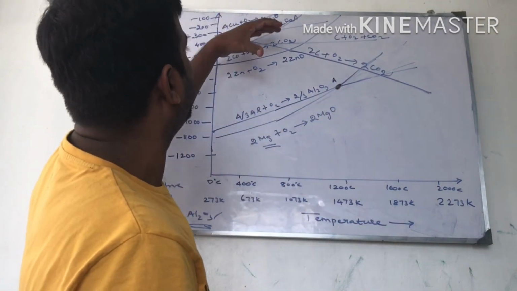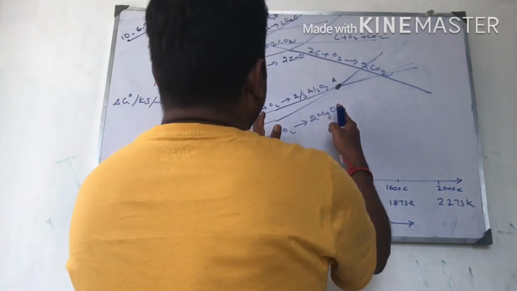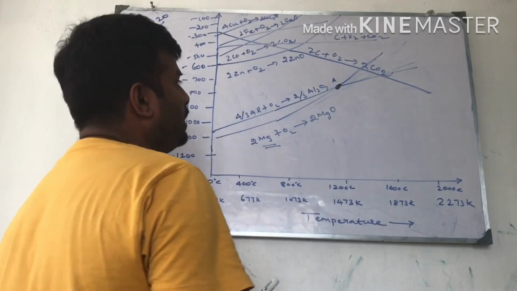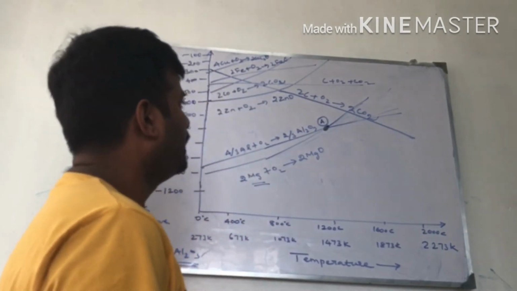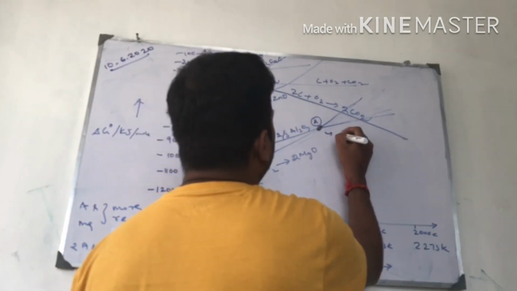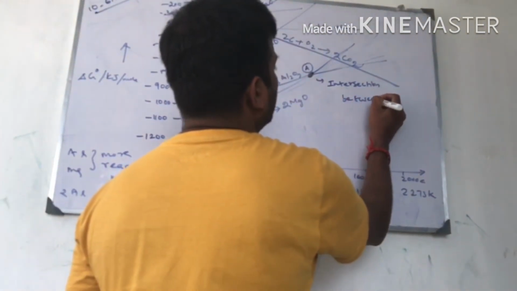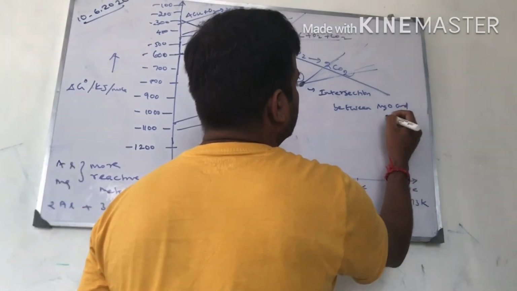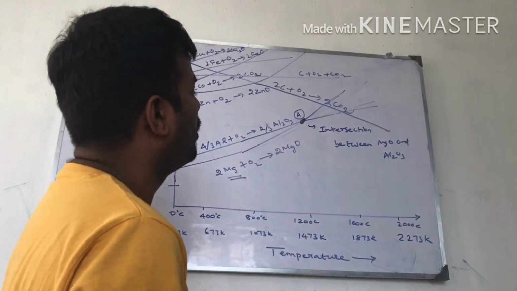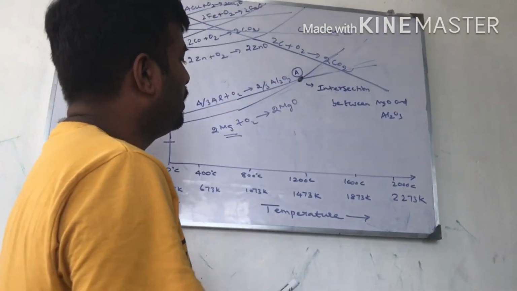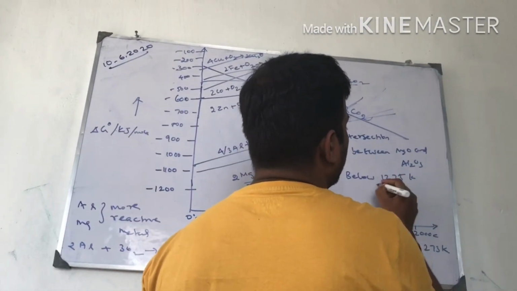At the top, less heat is enough for removing the oxygen, and at the bottom, more heat is required for reducing the oxide to metal. This point is called A, the intersection between magnesium oxide and aluminum oxide. Magnesium is more reactive than aluminum, so magnesium reduces aluminum oxide below 1275 Kelvin.